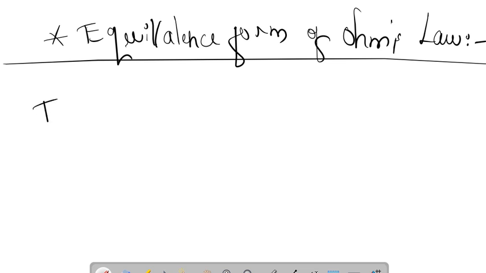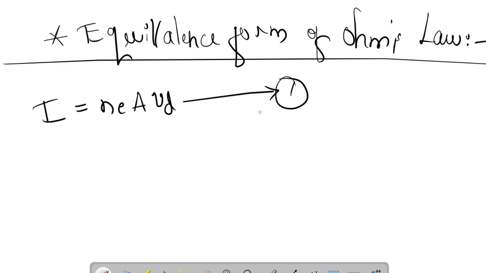So we know that current I is equal to, in terms of drift velocity, nevA, where n is the number of electrons, e is the charge, A is the surface area of the conductor, and vd is the drift velocity.